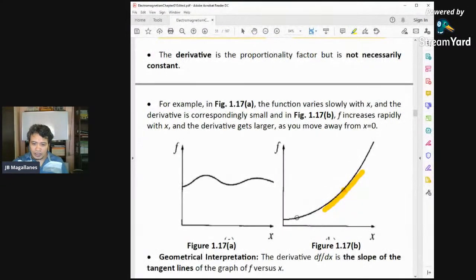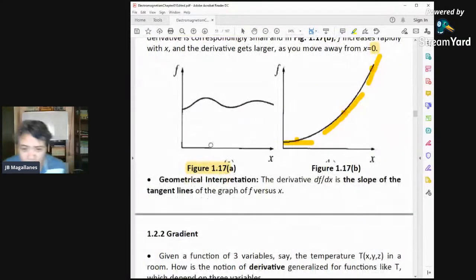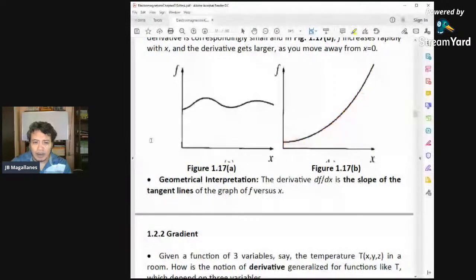So the slope here at this point, the line would be like that. The slope here is smaller, but the slope here would be steeper, would be higher. Here you have a small slope and then you go to a higher slope. Looking at this figure here, you have a slowly varying slope, a slowly varying derivative as you go from 0 to x.